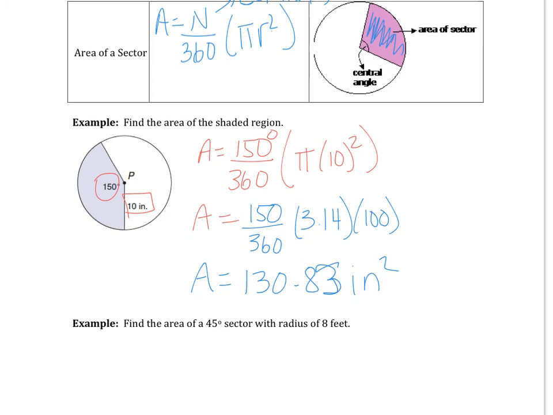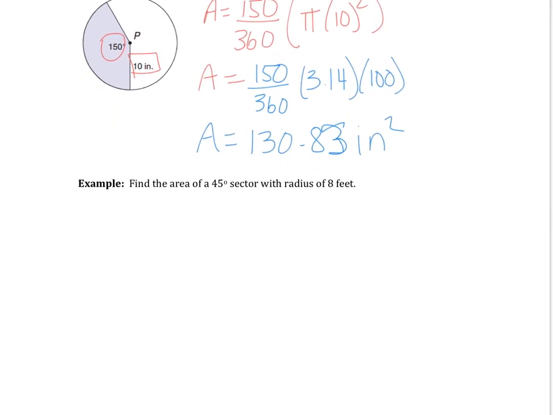Alright, last question here. Find the area of a 45-degree sector with a radius of 8 feet. So writing down my formula, area equals n over 360 times pi r squared.